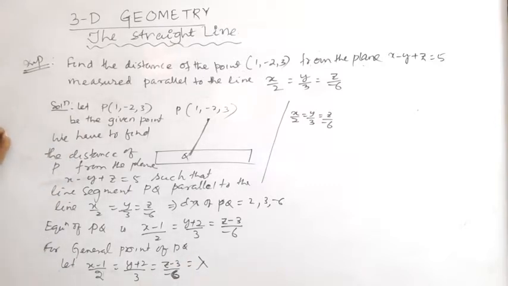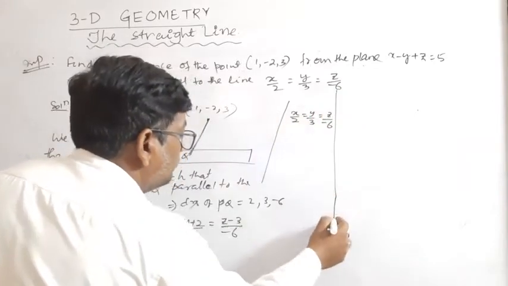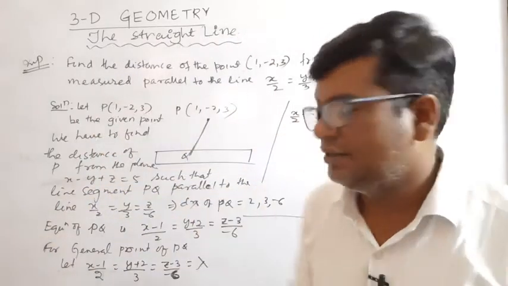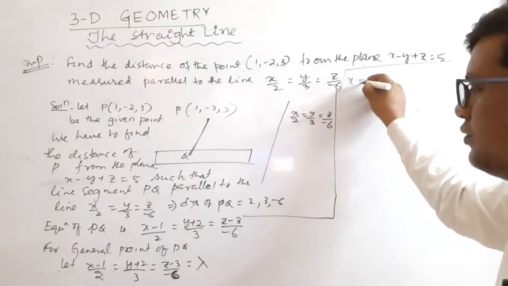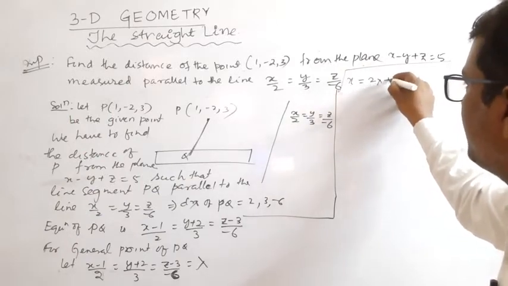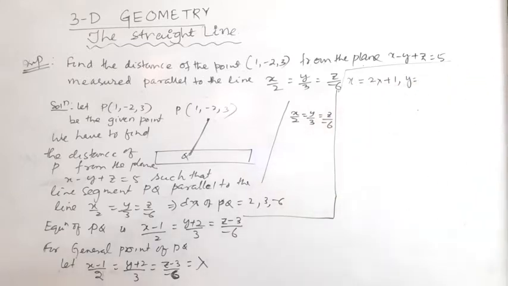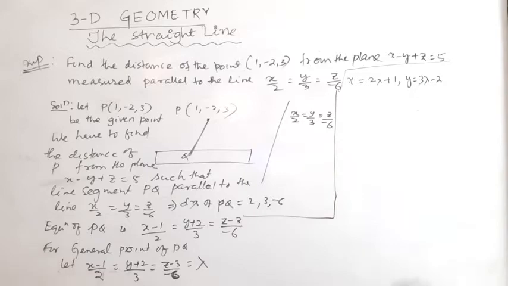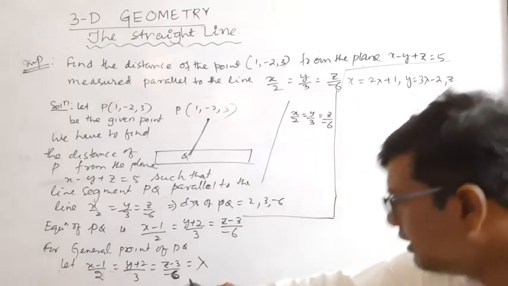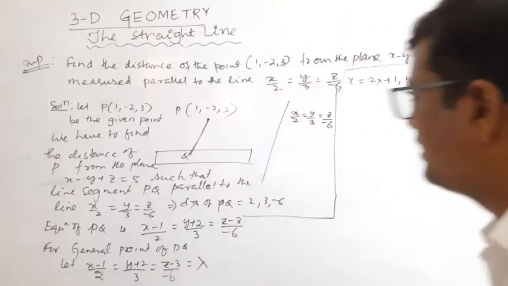So x is equal to 2 lambda plus 1, y is equal to 3 lambda minus 2, and z is equal to minus 6 lambda plus 3.